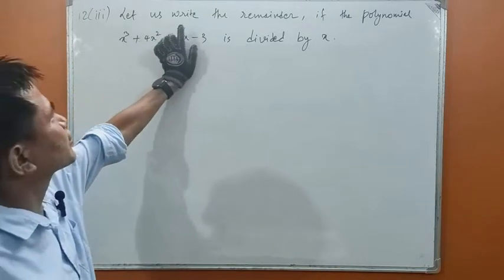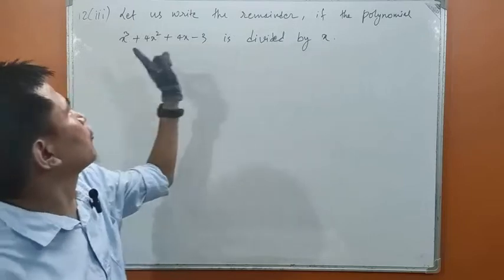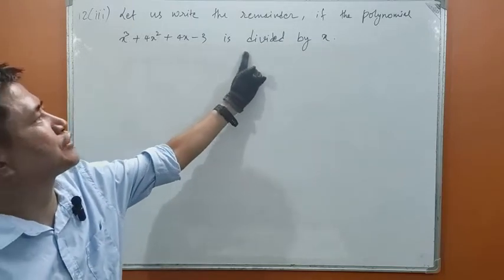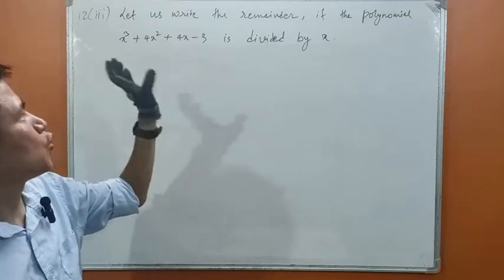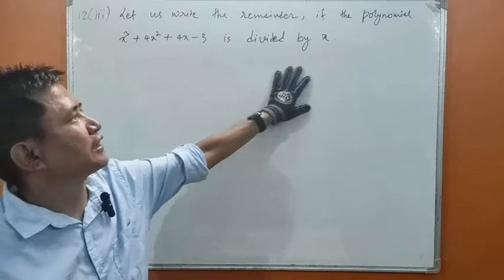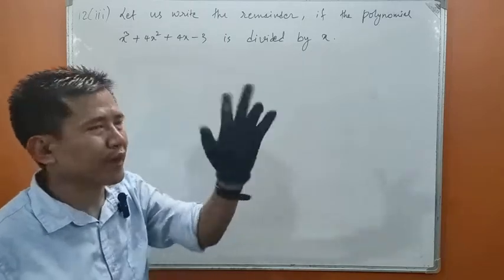Let us write the remainder if the polynomial x cubed plus 4x squared plus 4x minus 3 is divided by x. We are asked to find the remainder when this expression is divided by x, applying remainder theorem.